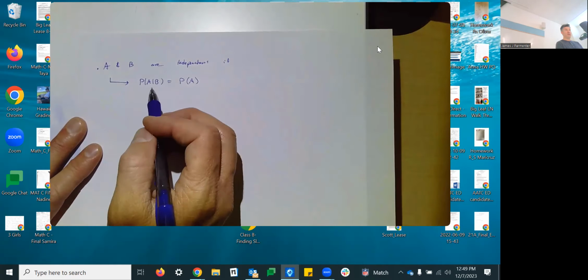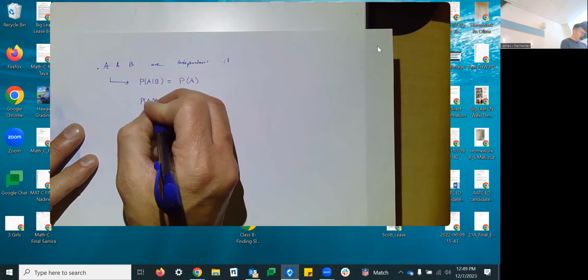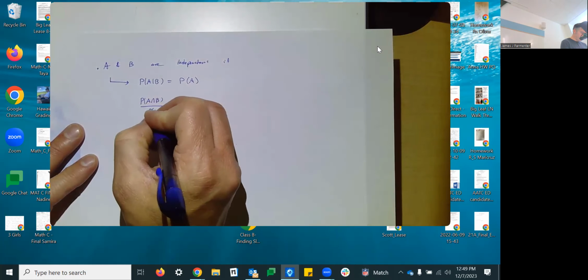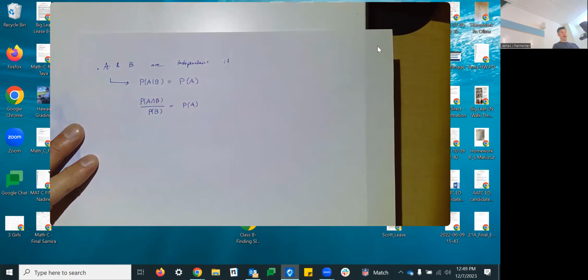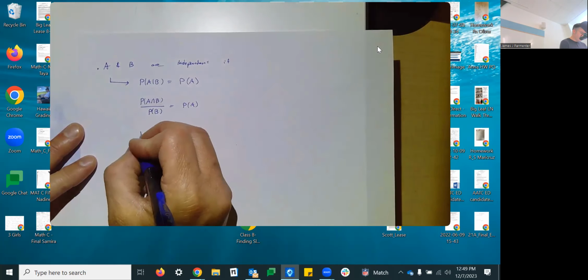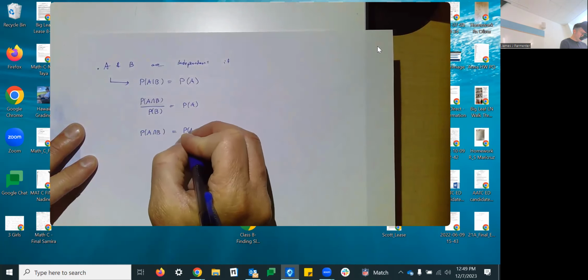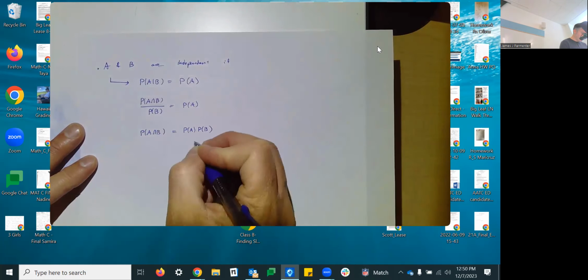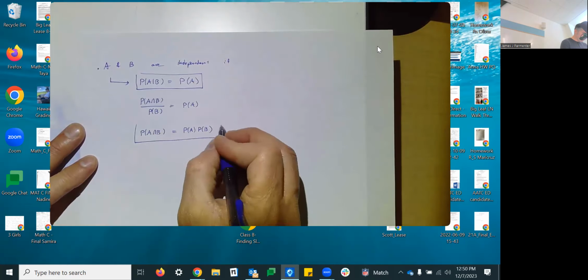The formula for that conditional probability is the probability of A intersect B divided by the probability of B equal to the probability of A. And if you multiply both sides by the denominator, you end up getting the probability of A intersect B equals the probability of A times the probability of B.